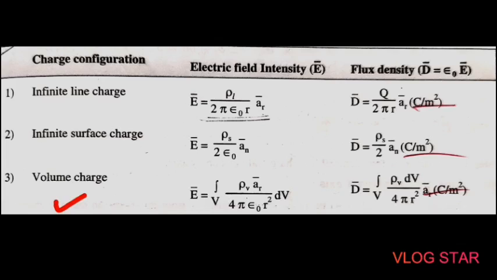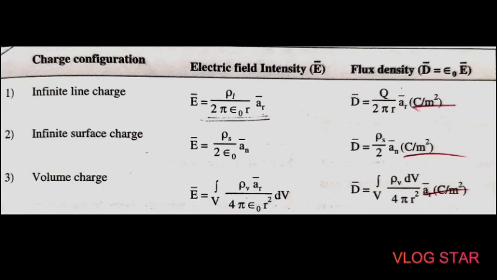The electric field intensity due to volume charge is given by E bar is equal to the integration over the volume V of rho v a_r bar upon 4 pi epsilon 0 r square into dV, and for flux density, D bar is equal to the integration over the volume V of rho v dV upon 4 pi r square into a_r bar Coulomb per meter square.